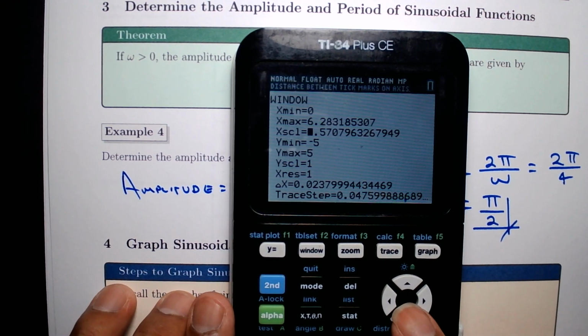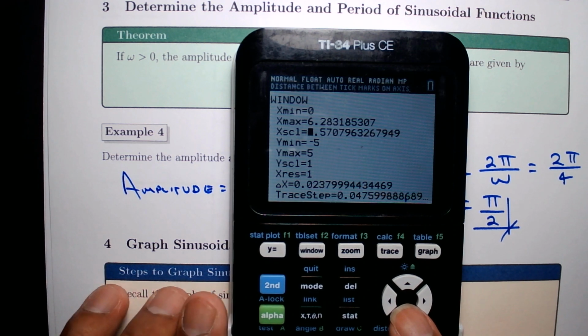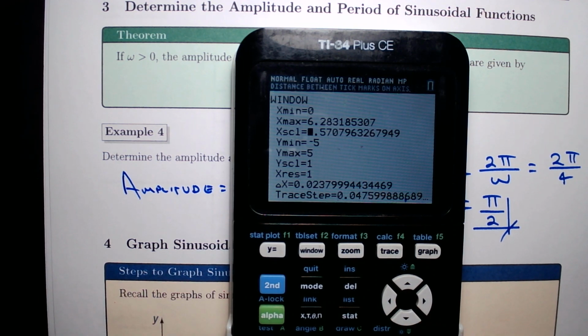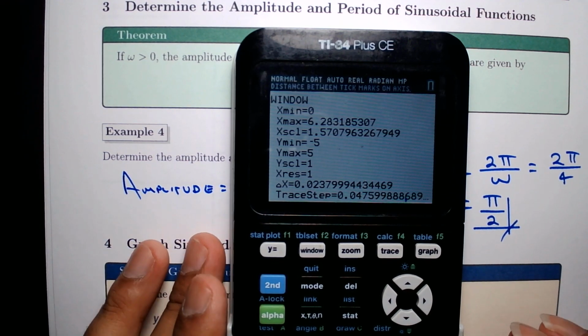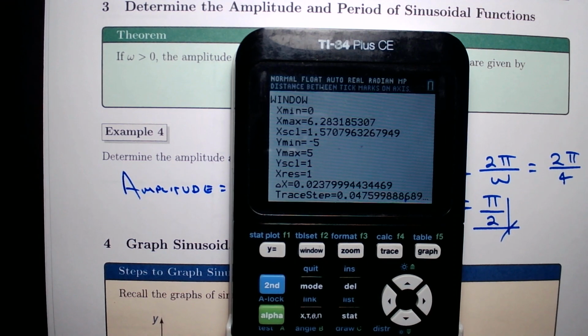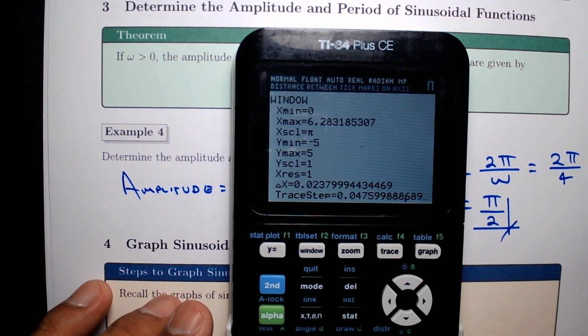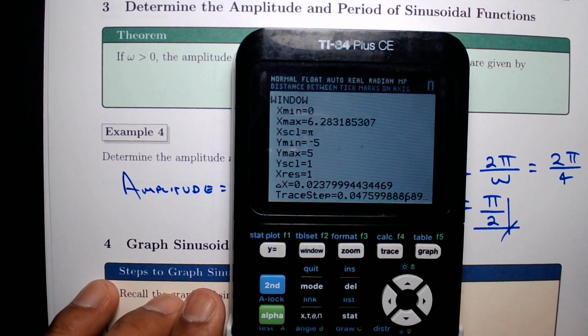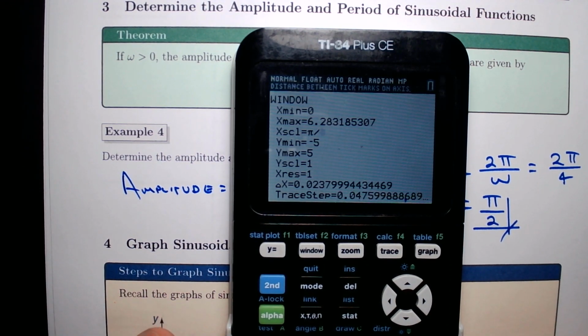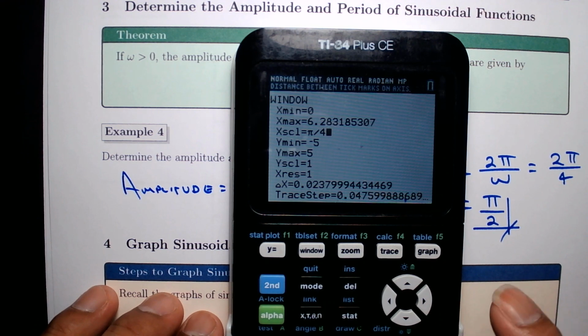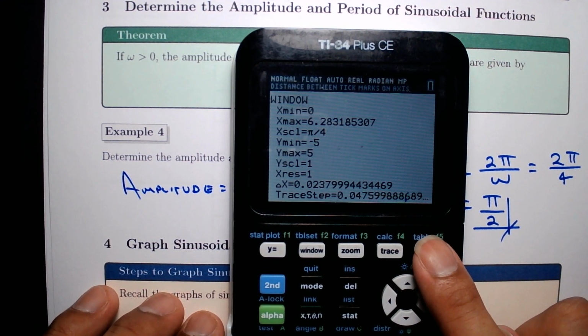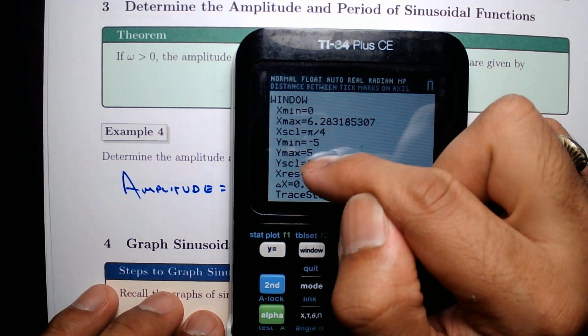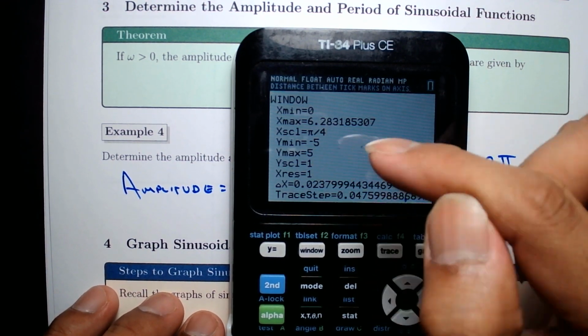It was already 2 pi, and for the x scaling, I'm going to have every single little line be pi over 4. It's going to represent pi over 4 every single line. And let me hit graph right here. Well, the y values are going to go from -5 to 5, which is fine.